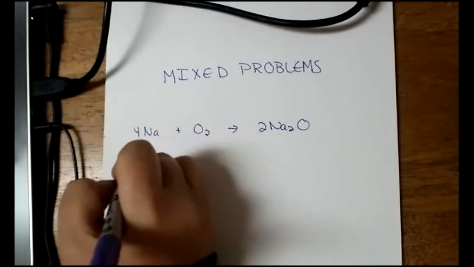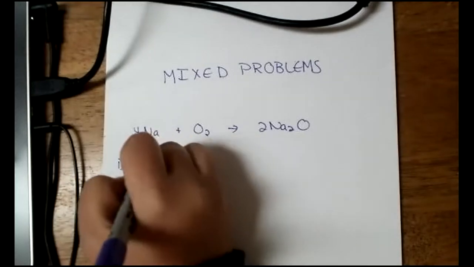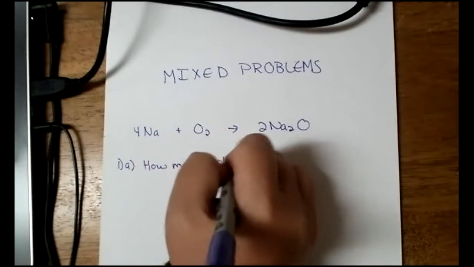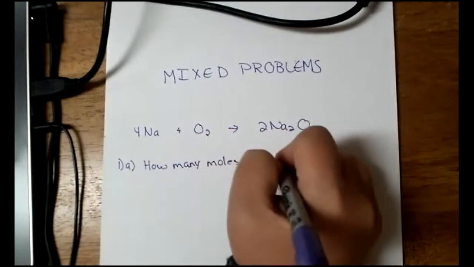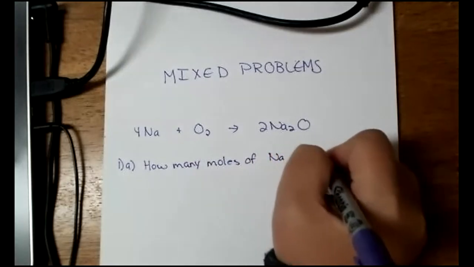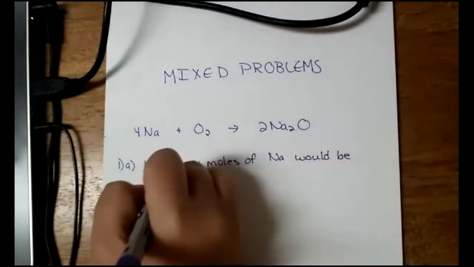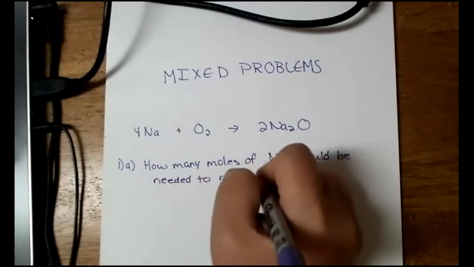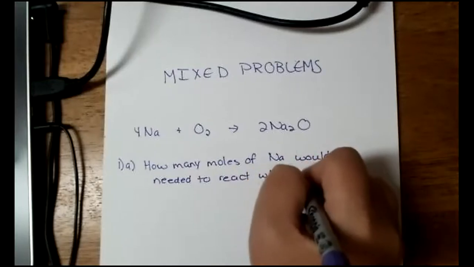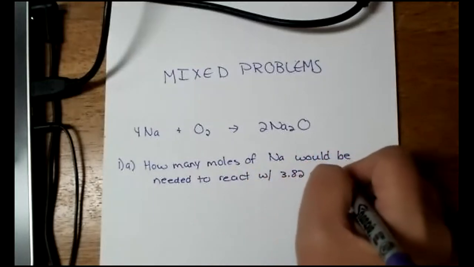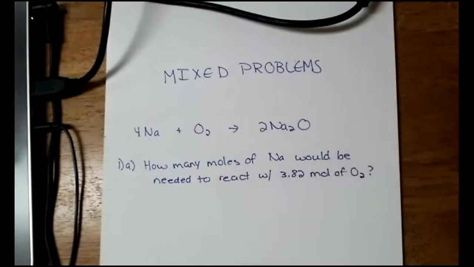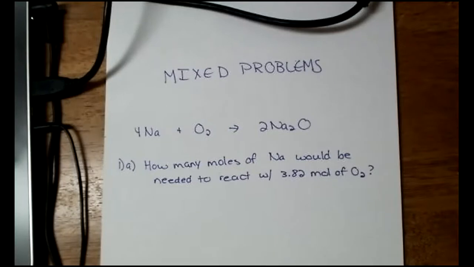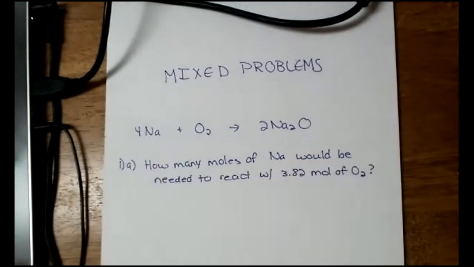So for number 1A, they want to know how many moles of sodium would be needed to react with 3.82 moles of oxygen. Okay, so anytime that I have problems that are mixed up and I don't know what's what, I'm going to write down my reaction.